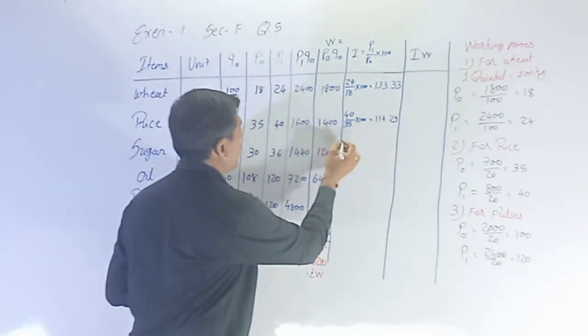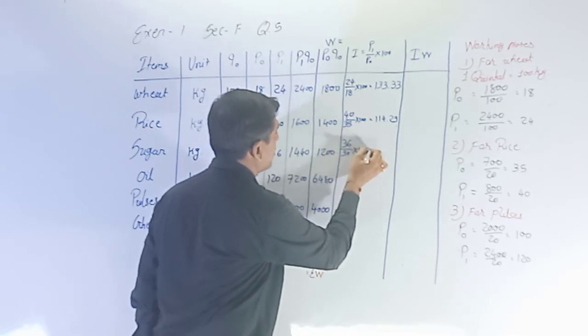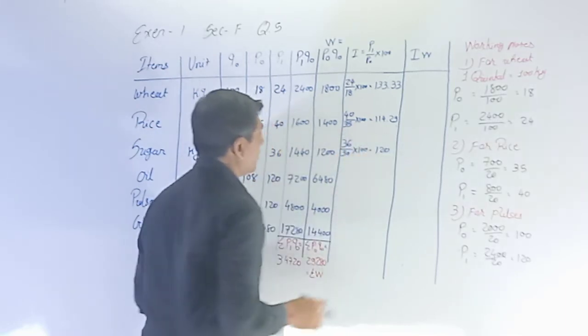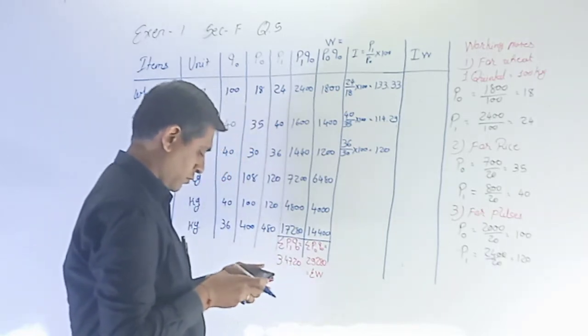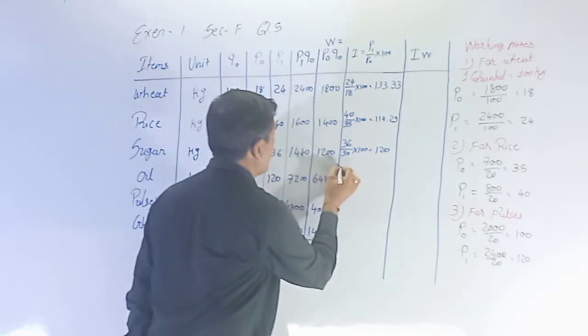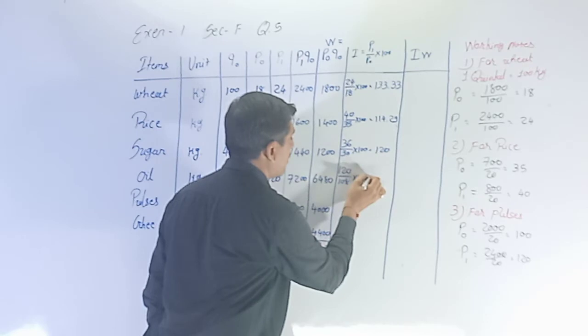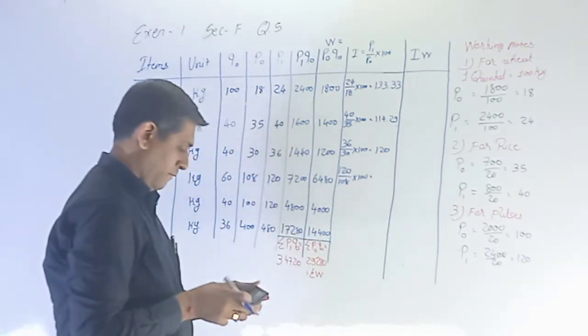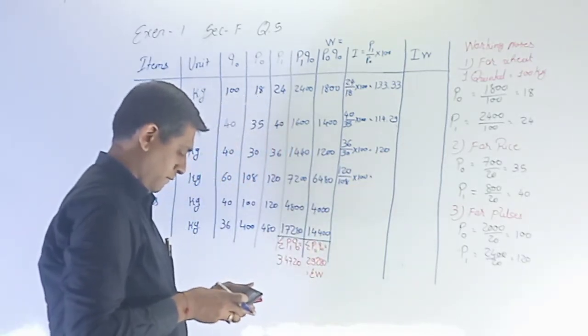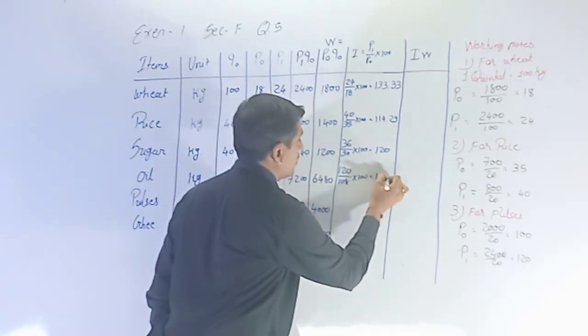Then 36 divided by 30 into 100, 120. Then 120 divided by 108 into 100, that is 111.11.